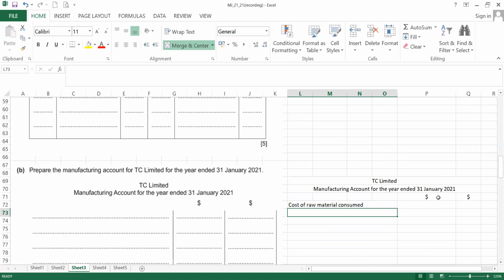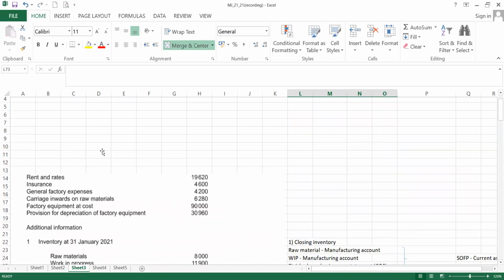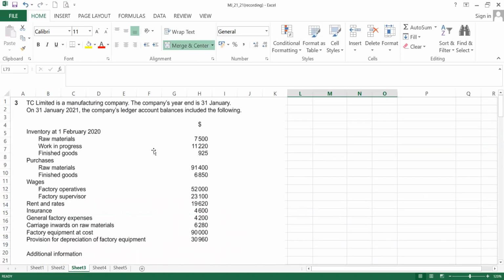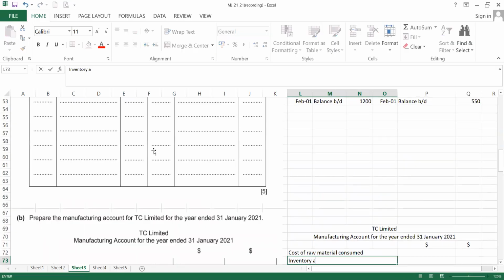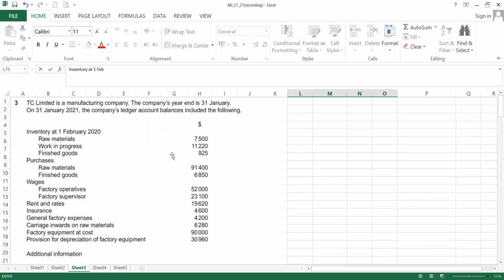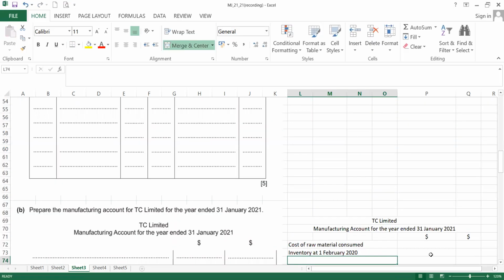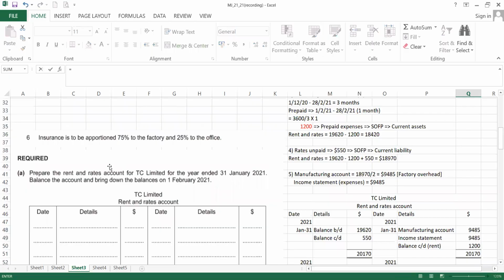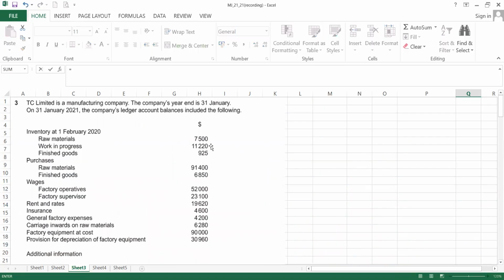So what is our raw material consumed? Opening inventory here, inventory at 1st February 2020. Okay, this is the first item that we have. The amount is 75.